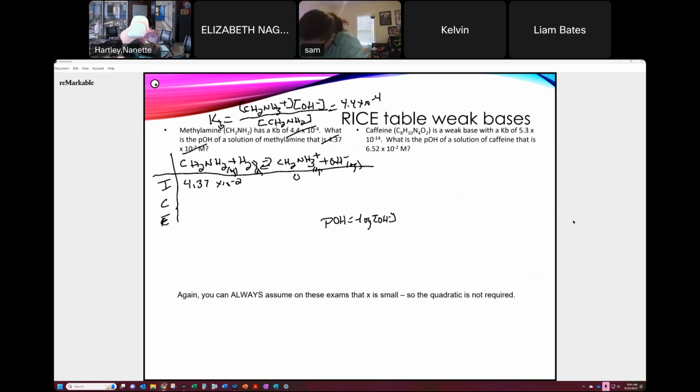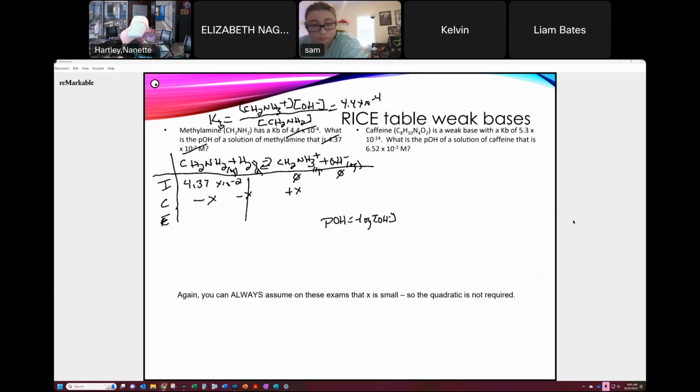Okay. I initially have none of either of those. We know technically that's not true, but again, the contribution from the water itself for the OH minus is extremely small, so we ignore that. When we do our change, we take one of these. That's a minus X, but I don't care about that because that's a liquid, so I can draw through that.